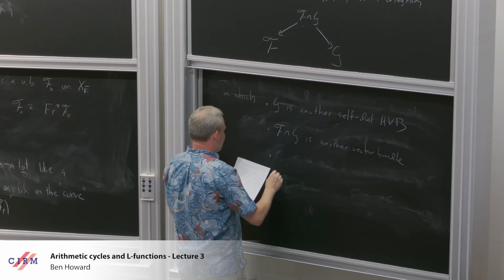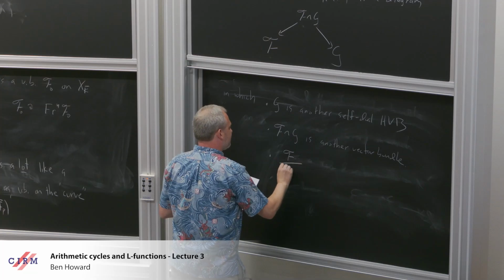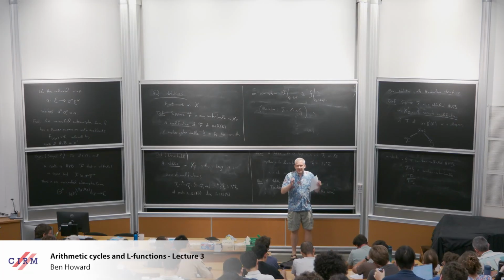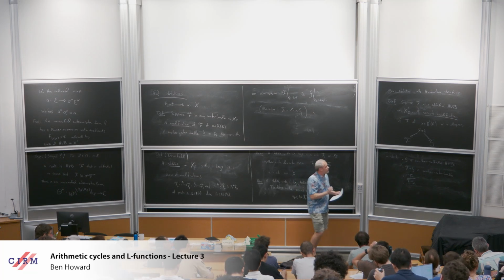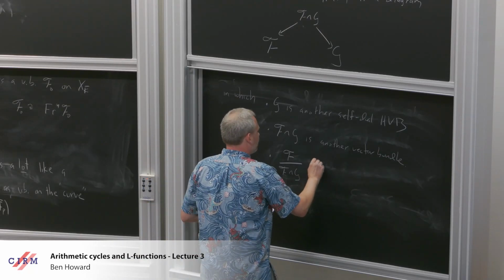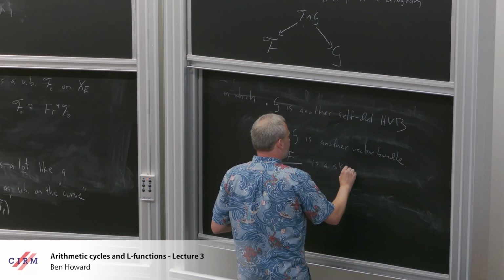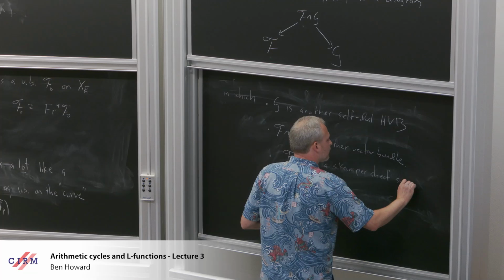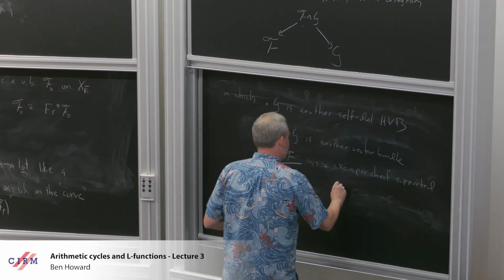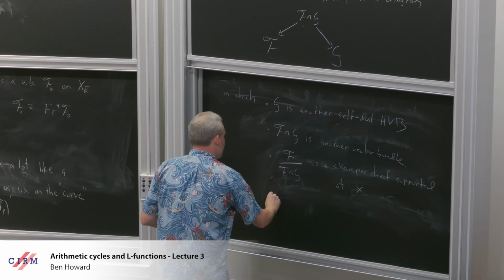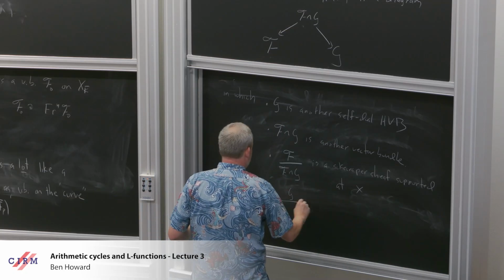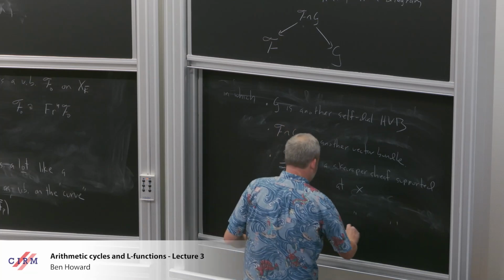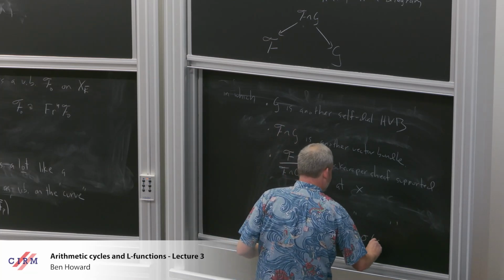So if I want to change it as little as possible, that means the quotient F mod F intersect G should be really tiny, like a skyscraper sheaf supported at one point, X. And similarly, G mod F intersect G is another skyscraper sheaf, but supported at the conjugate point.